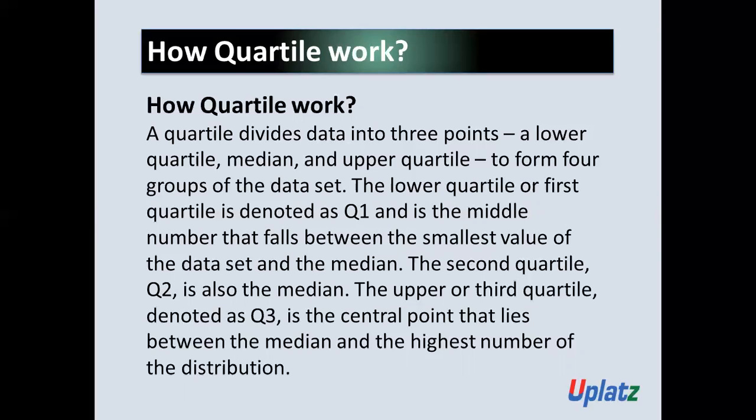Whereas the upper quartile, or quartile 3, is the middle number that falls between the median and the highest number of the distribution. Got the point? So Q1 is the lower quartile, Q3 is the upper quartile, Q2 is nothing but the median.